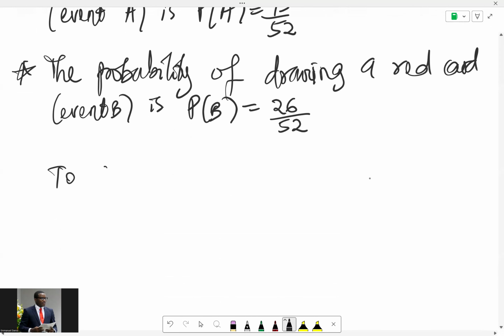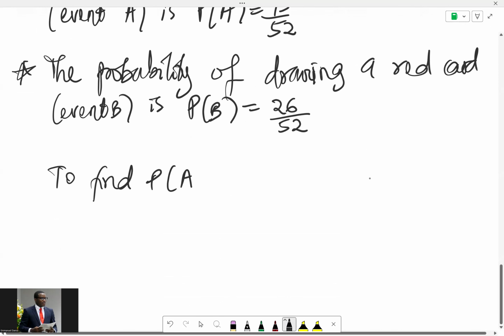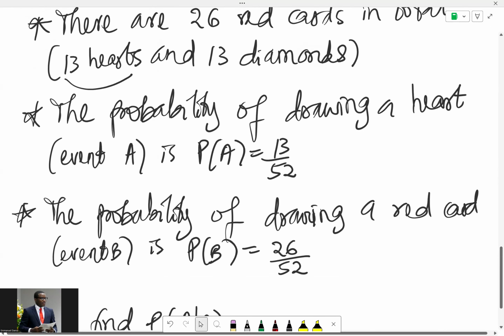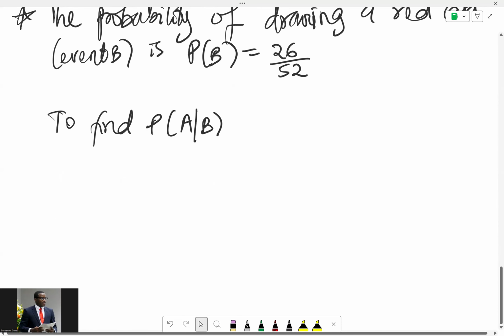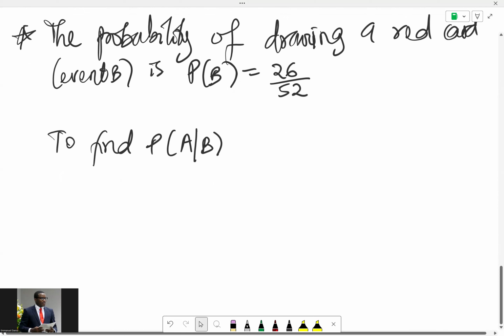Now, to find the probability of drawing a heart given that a red card had been drawn, of course, we know what the formula looks like.